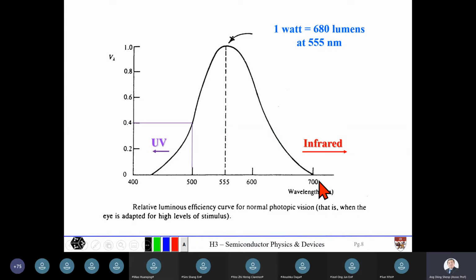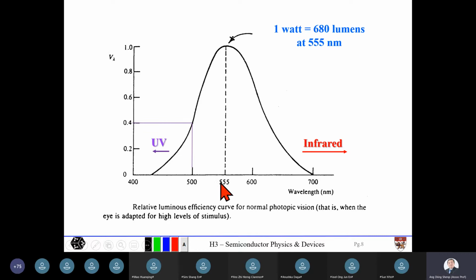Essentially the curve is defined such that at a wavelength of 555 nanometer, 1 watt of light energy at this wavelength is defined as 680 lumens. This is by definition.